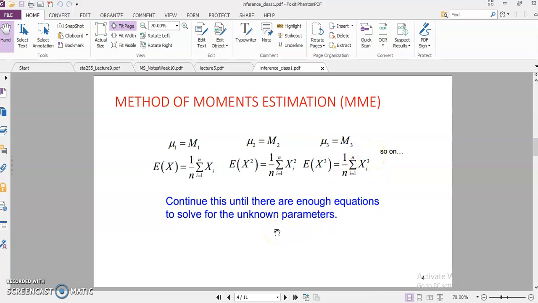Continue this until there are enough equations to solve for the unknown parameters. So we continue this and solve to obtain the estimators of the unknown parameters.